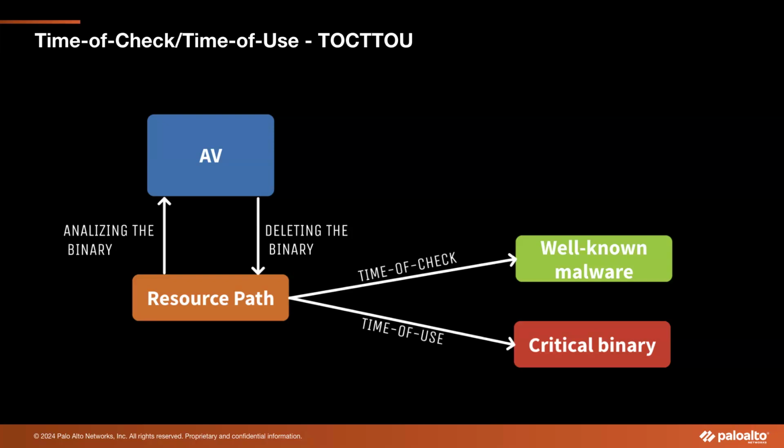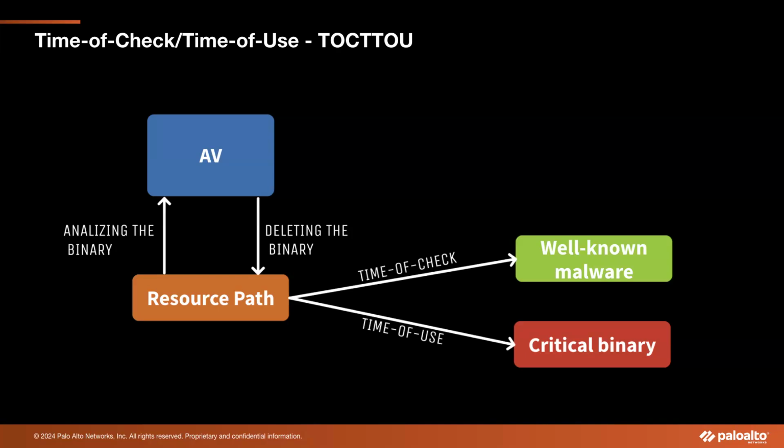You first place a well-known malware and tell the antivirus to analyze it. While it is analyzing it, you create a way to replace the path, either by a symlink or some other way to change the path, and then you point to a critical binary. So when the antivirus decides that the malware needs to be deleted, you're actually pointing to a critical binary, and you cause a denial of service.